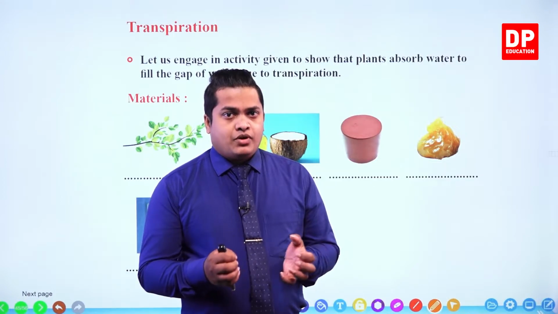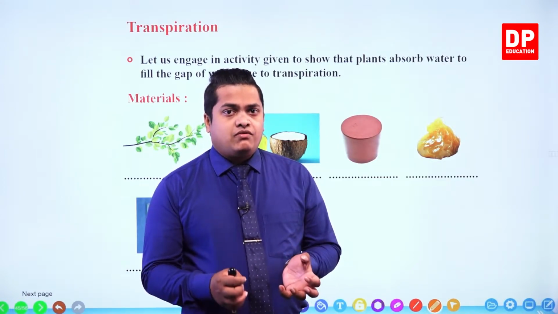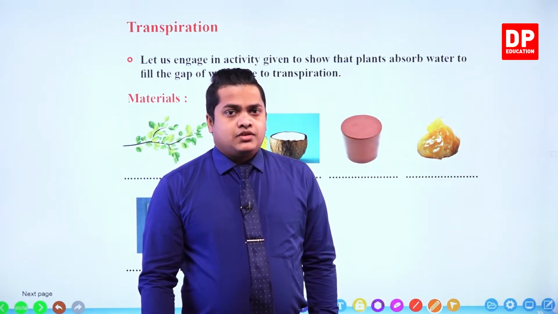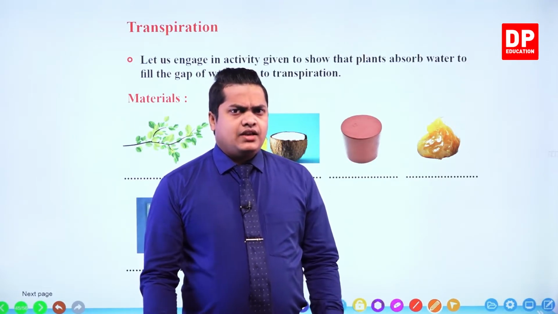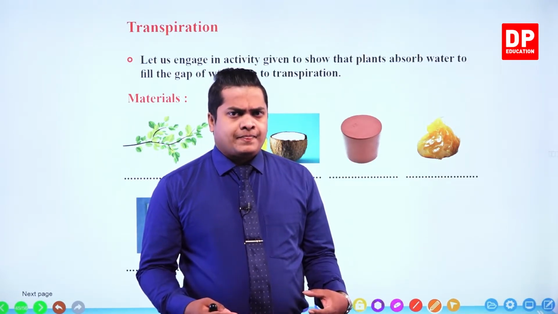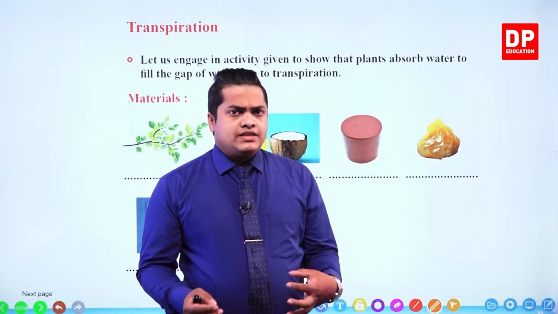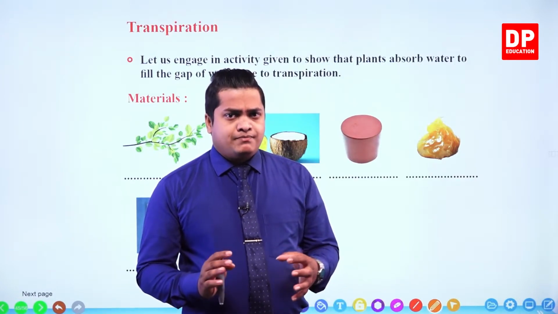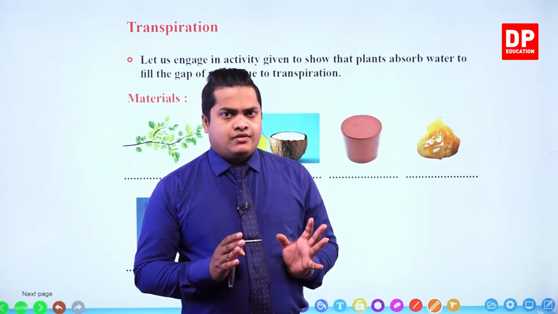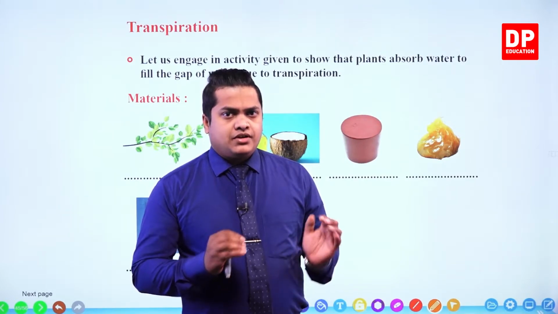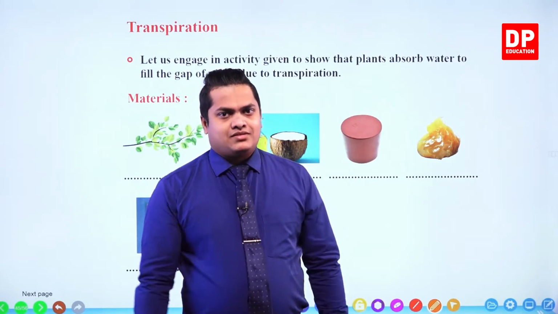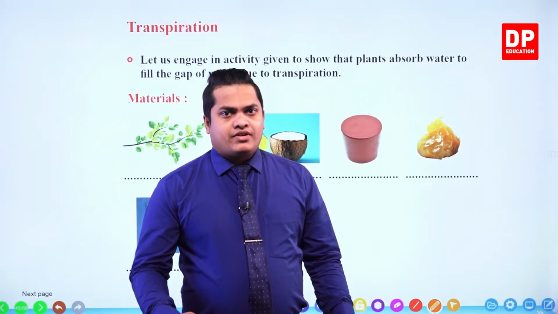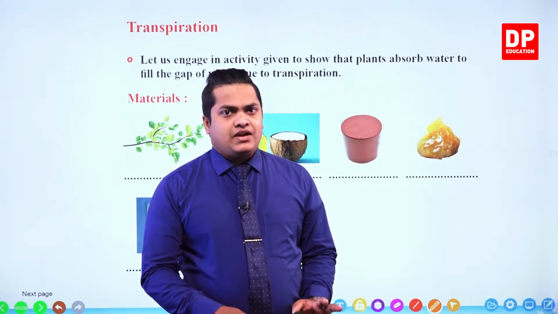Right? So it's important to keep the optimum level of water within the plant. By this activity, we are going to show that the released amount of water is being absorbed from the environment to maintain that balance. Upon transpiration, water is getting expelled, we know that.